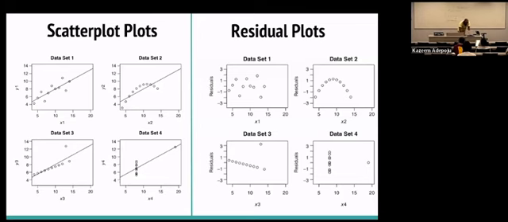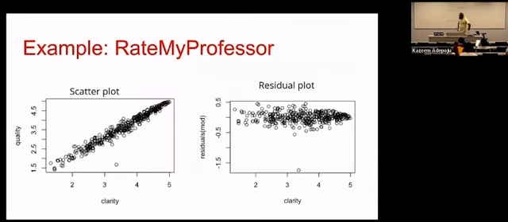Okay. Now, if you take a look at the assignment that I gave currently, where I wanted you to use the Rate My Professor data. If you go online, every professor is rated by their students. They rate the professors based on some variables, quality, clarity, and so on.